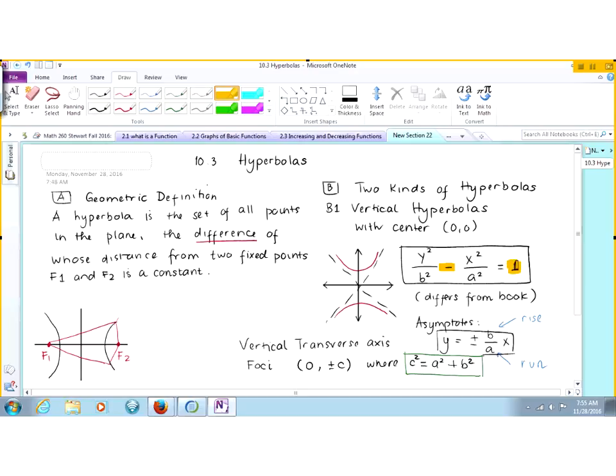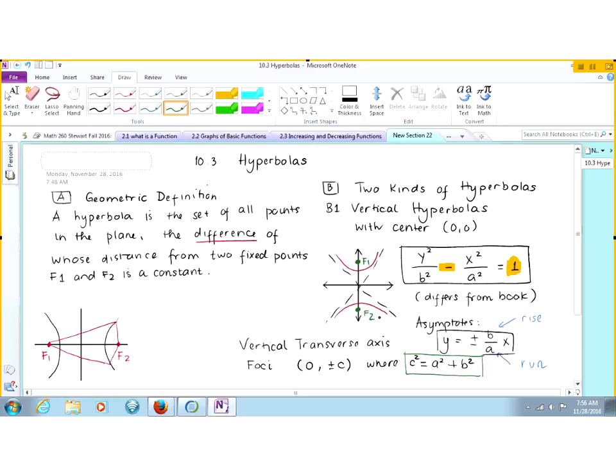Assuming the right-hand side is equal to 1, whatever has the positive coefficient, for example y, then you have a vertical hyperbola. If x squared has the positive coefficient, that's a horizontal hyperbola. And where are the foci located? It's always on the transverse axis. So if it is vertical, of course, it's on the vertical transverse axis.